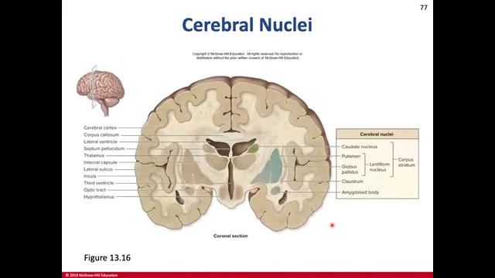You can see these different nuclei here, okay? Again, basically what they're doing is coordinating movement, but also allowing the motor commands to descend, right? To go from the cortex to the brainstem down here and the spinal cord below it, okay?